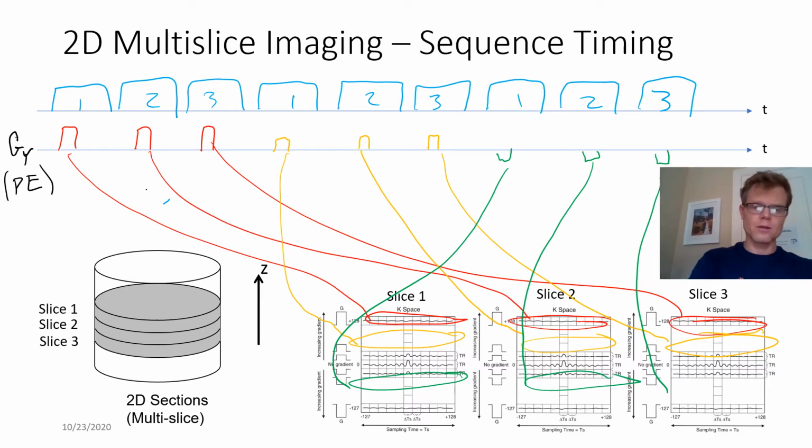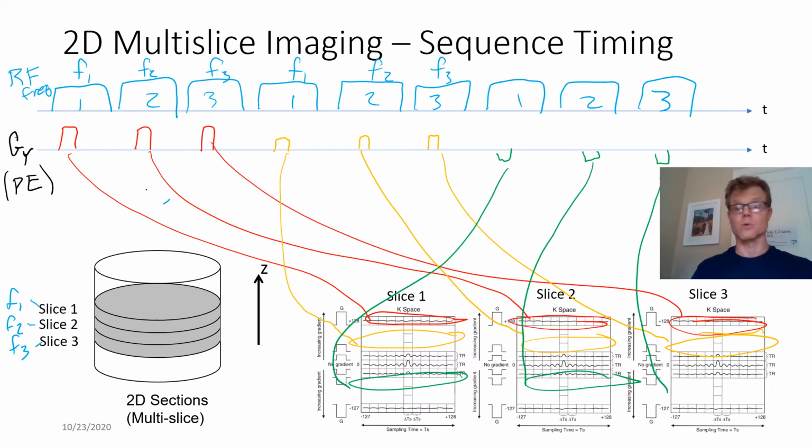And then recall what's going on in the RF here is we're going to have different RF frequencies, say frequency 1, frequency 2, frequency 3, that are going to correspond to shifting our slice to these different locations. And that's the difference between these blocks 1, 2, 3 of our pulse sequence at the top.